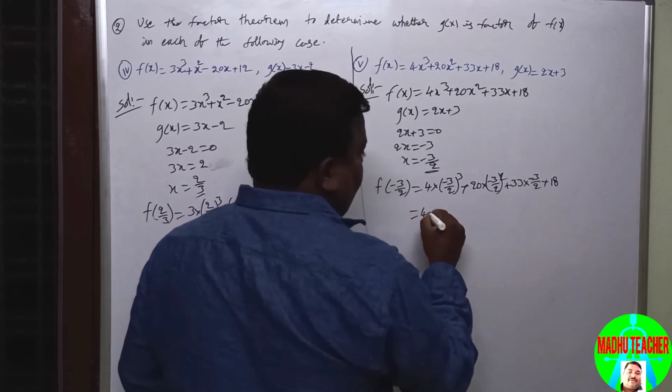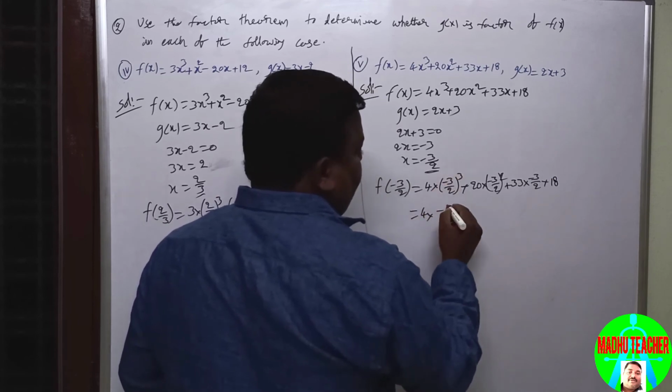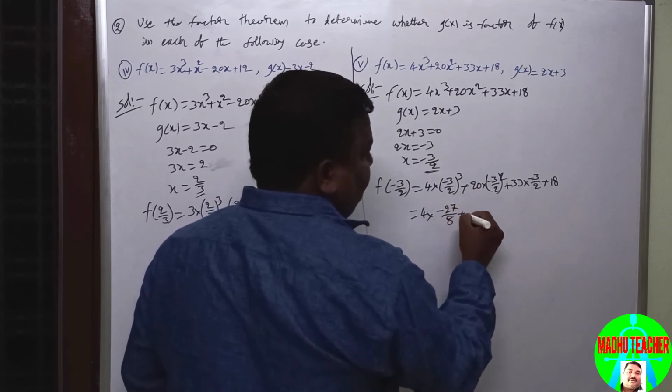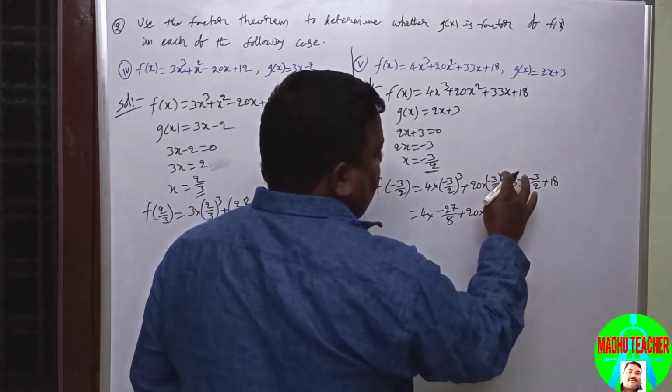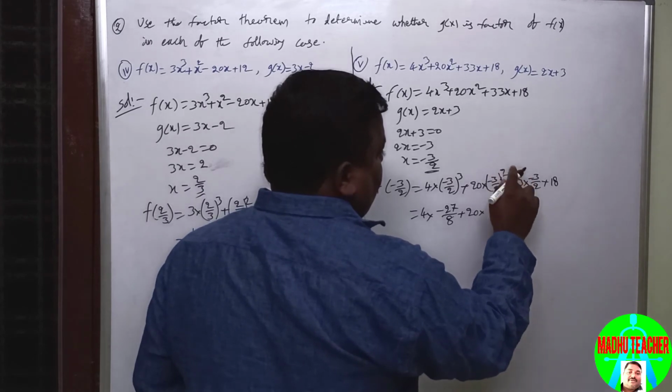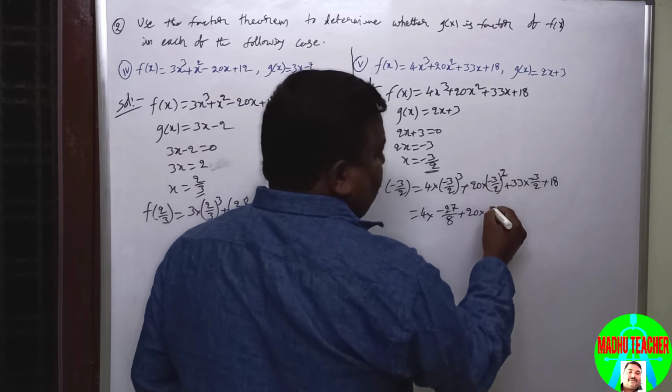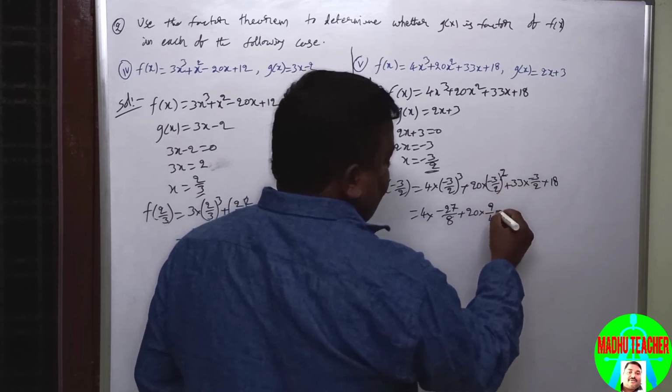So that equals 4 into minus 3 whole cube, minus 3 cube is 27, 2 cube is 8. 20 into this whole square, so minus to an even power is plus. So plus 3 square is 9, 2 square is 4.